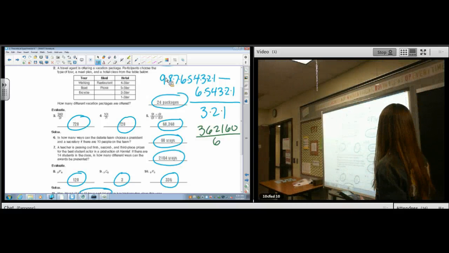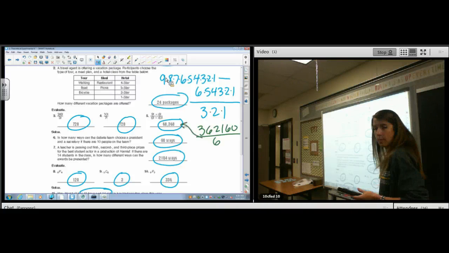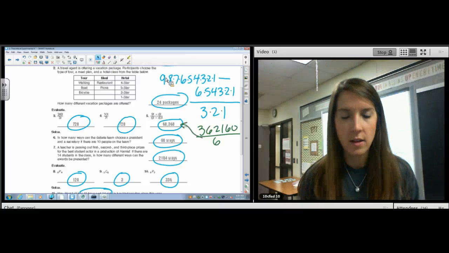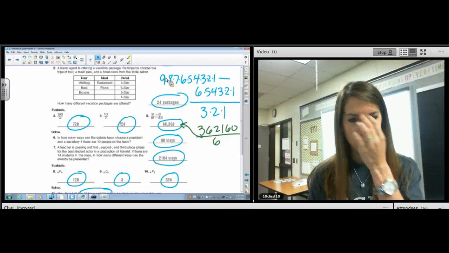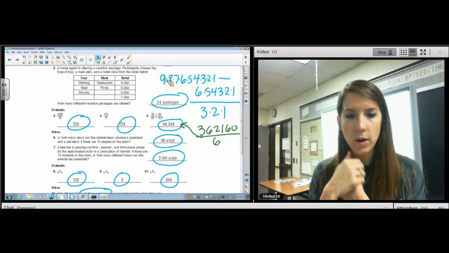Yeah. So it's that divided by 6, and that gives you that right there. So it's probably just a parentheses thing. What else can I go over from your homework?